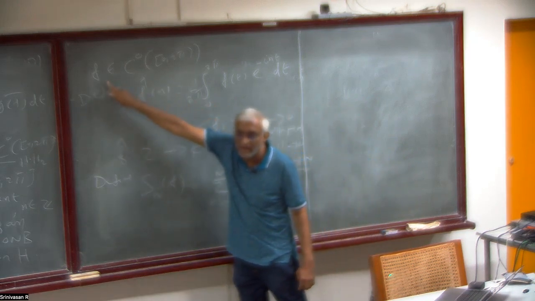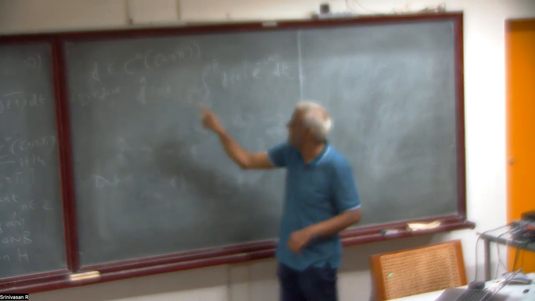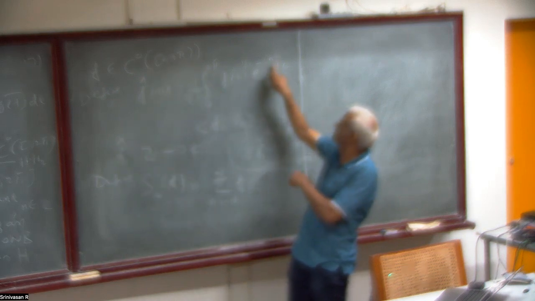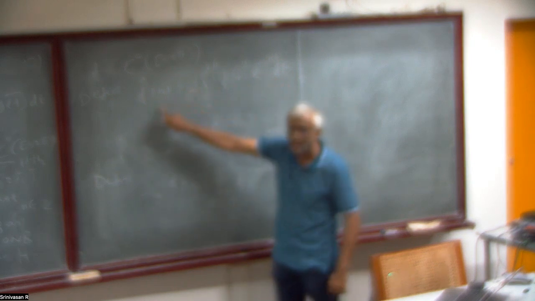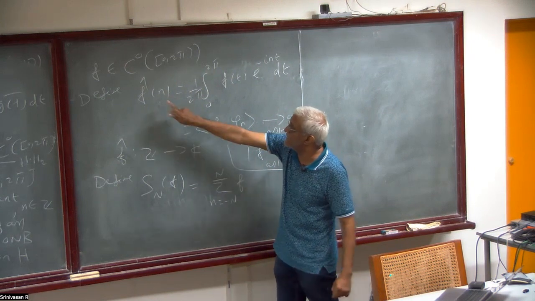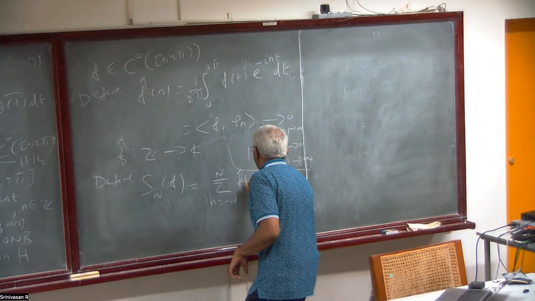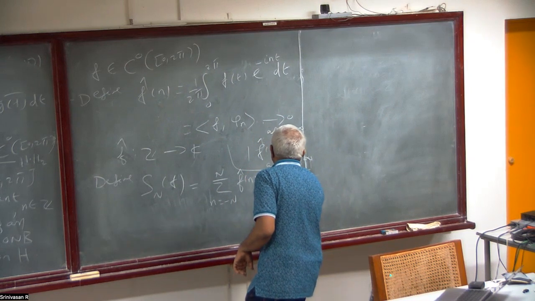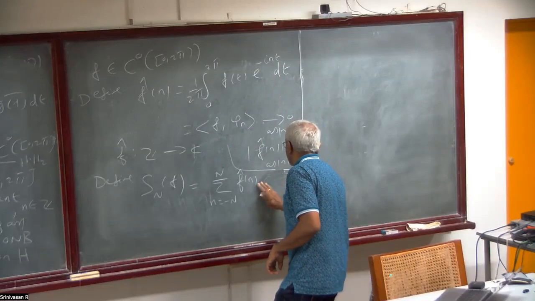You have an f, then you integrate over 0 to pi, integrating f of t with e to the minus int, and we got f hat n. So here you have a summation over Z, taking f hat n and e to the power int. There we had minus int, so now plus int.